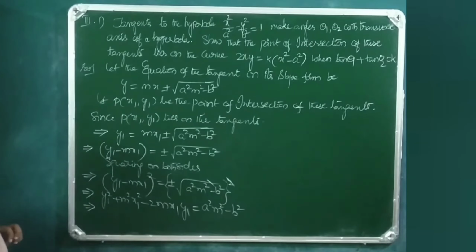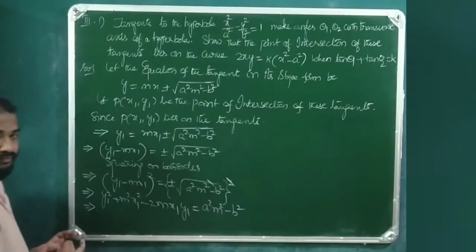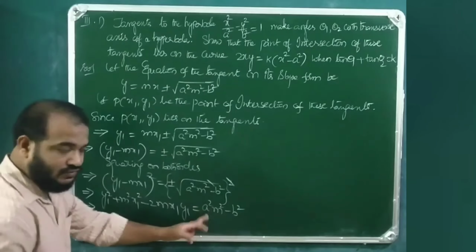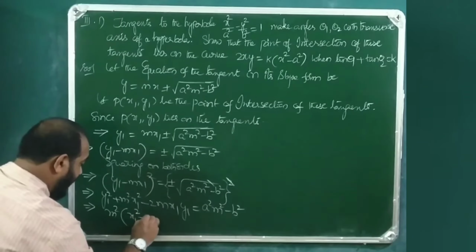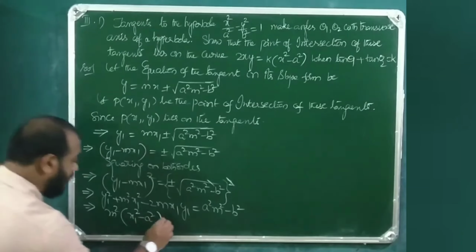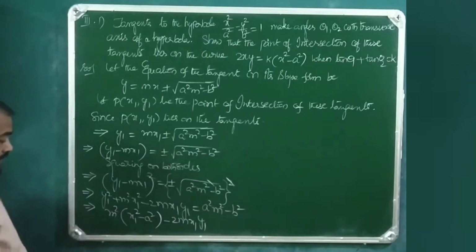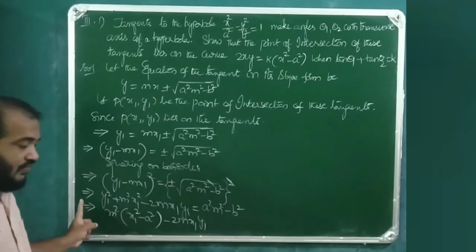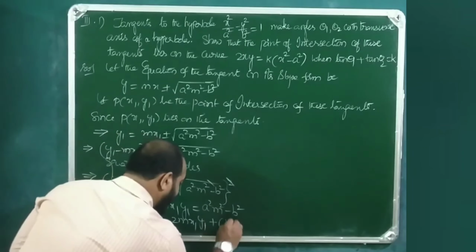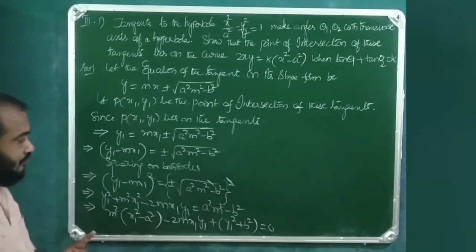This is equal to m²x1², plus a²m² if you bring it to this side, minus a². Taking m² in common: m²(x1² − a²) − 2mx1y1 + (y1² + b²) = 0.